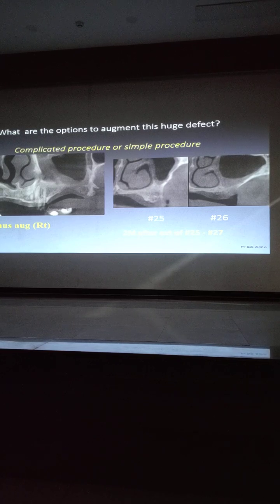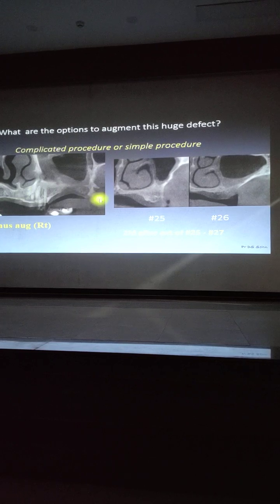After delivering final restoration on the right side, I removed completeness on the left side. And this is with healing. You can see the reduced size of mucosa thickness. 2 months.